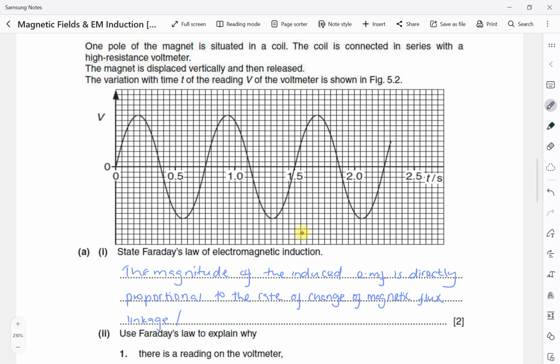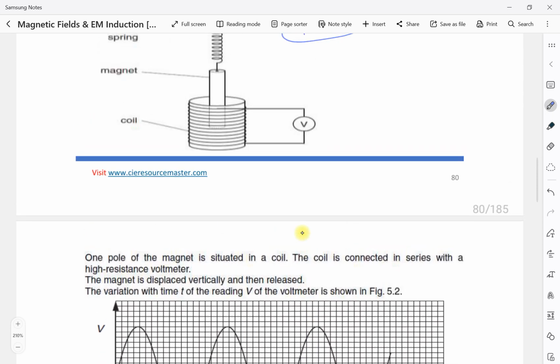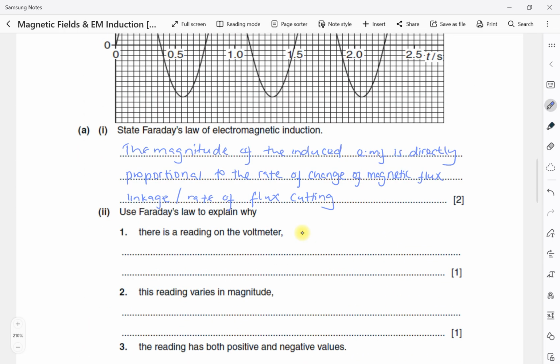Or, because we are talking about a magnet oscillating in the coil, the magnitude of induced EMF is directly proportional to the rate of flux cutting, the rate at which the coil cuts the magnetic field of the magnet. That is Faraday's law.